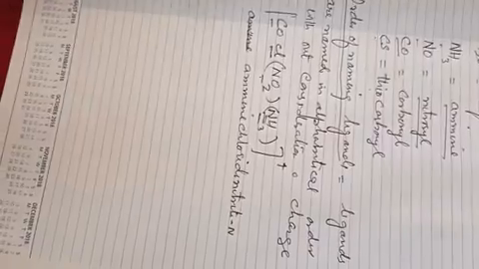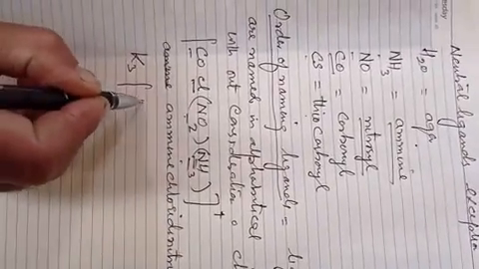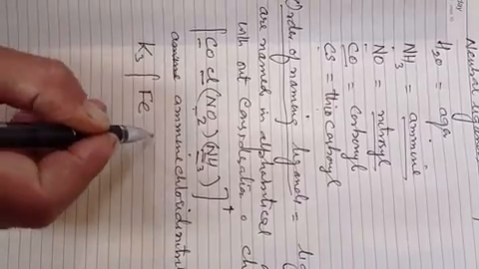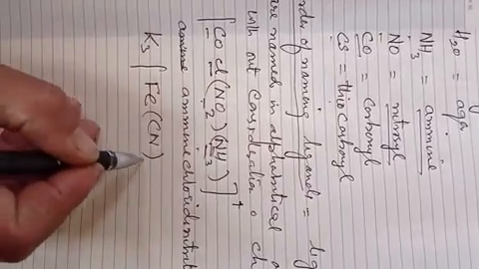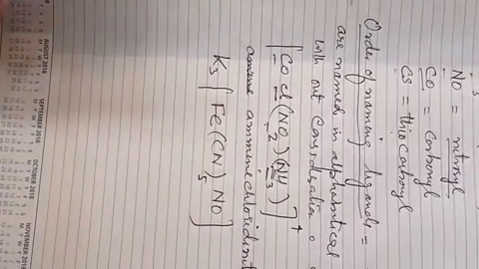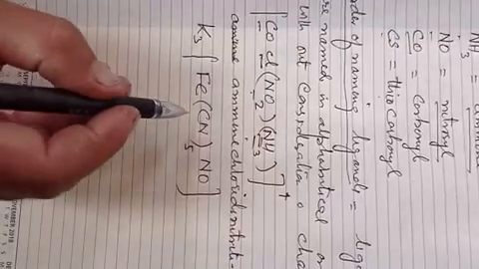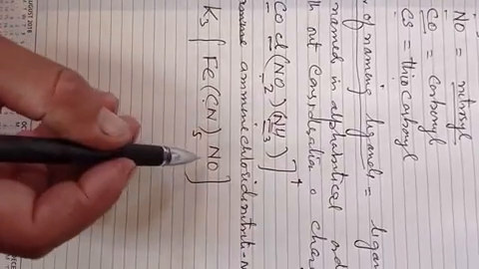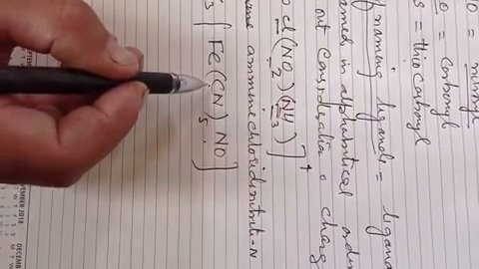For example, I will write another compound, K3[Fe(CN)5NO]. This is the group, for example, this is the cyanido group and this is the nitrosyl group. So you have to write first C, the alphabetical order.